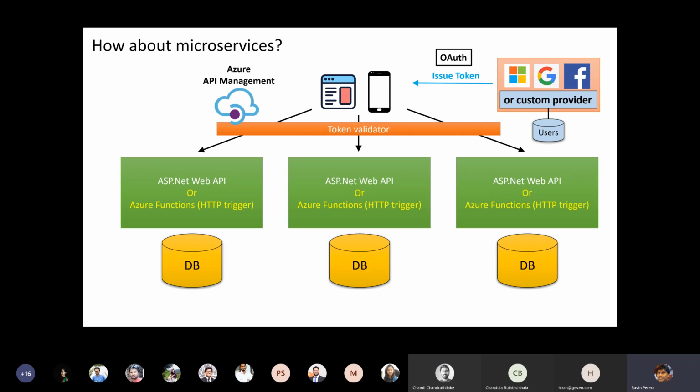My question is, when one web API processes its request, it needs to communicate with the second web API within the same application. Right. So this doesn't prevent you from doing that.